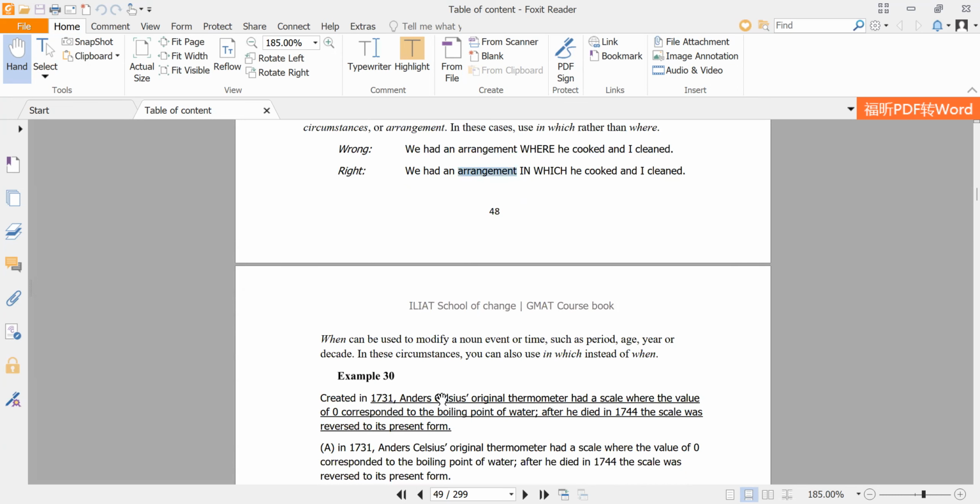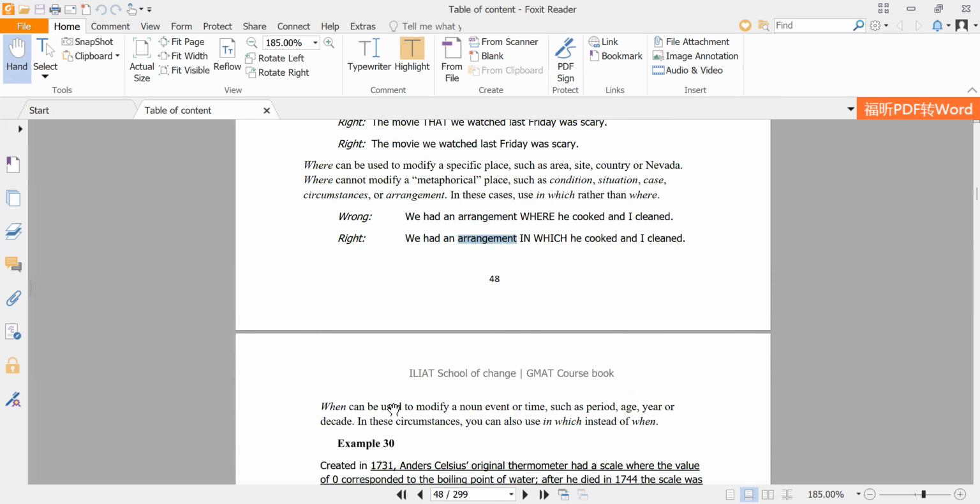Okay. Another relative pronoun you want to pay attention to is when versus in which. Similar to where, when is only used to refer to a specific time, event, or period, like an age, a year, a month, or a week. Nouns that specifically refer to time periods.